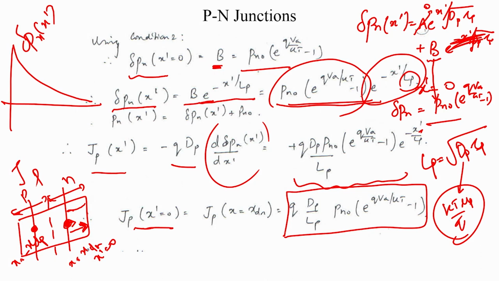So, what have we done? Just to summarize the strategy, because we applied a forward bias, we saw that holes were injected into the N side and electrons were injected into the P side, and we firstly calculated the distribution of these excess injected holes on the N side, and then we used that by solving the continuity equation, and we used that estimate to calculate the diffusion current due to holes in the N side, and in particular we are interested in the diffusion current value at x dash equal to 0, that is at the depletion boundary in the N side material.